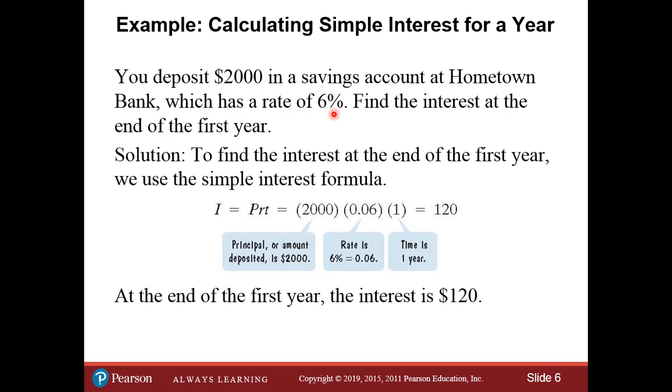So the interest would be 2,000 times 0.06. And so now the time is 1 year. So it's just going to be $120. Now, that means it's going to be $120 every single year. Because remember, simple interest only depends on the principal amount.